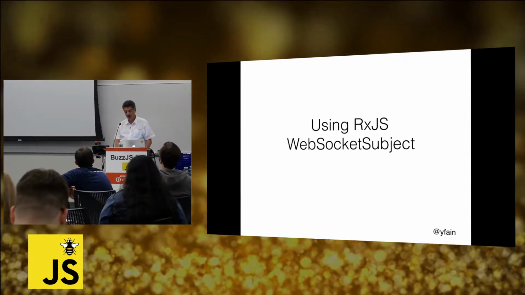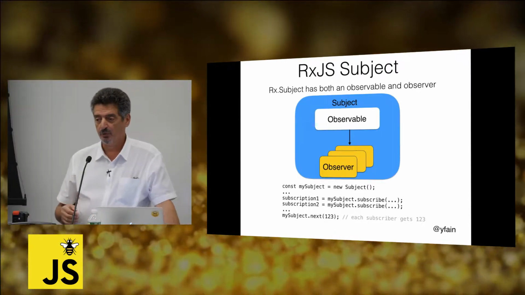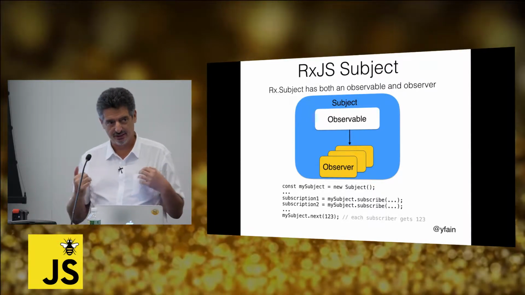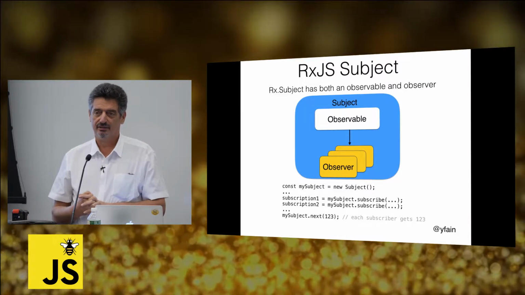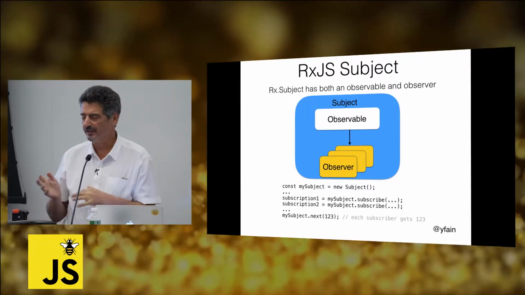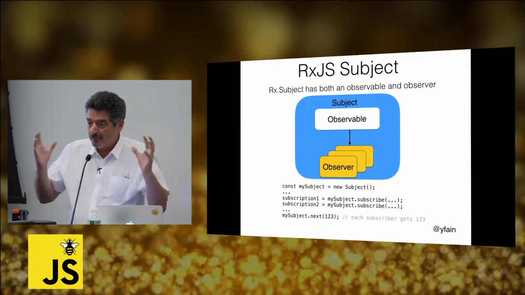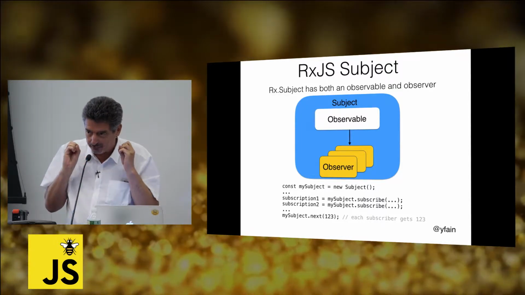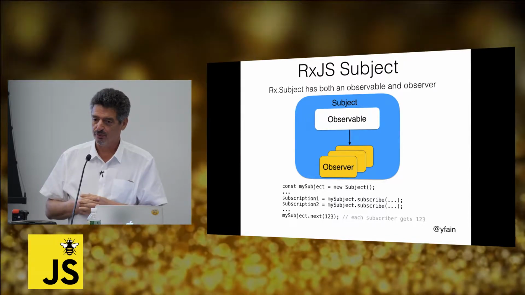The name of this class is WebSocket subject, and a couple of words about subjects in RxJS. RxJS has observables that can push the data, but there is a special kind of nice classes called subject. There are different flavors of subject, but the main idea is that a subject wraps inside an observable something that can push the data, and it maintains an observer or observers.